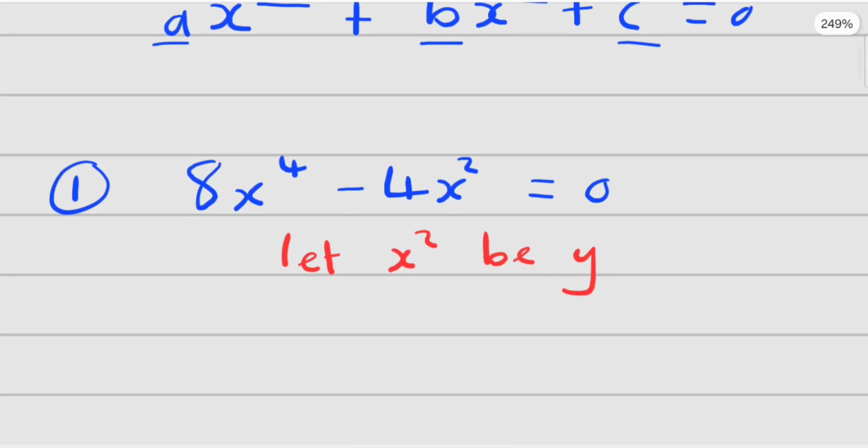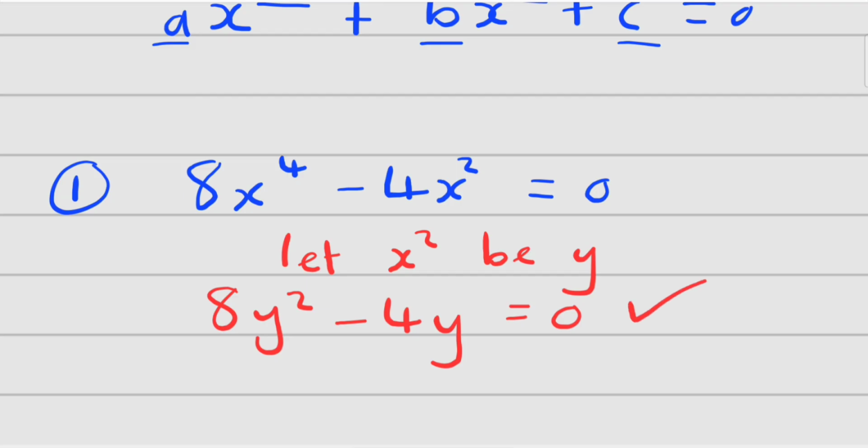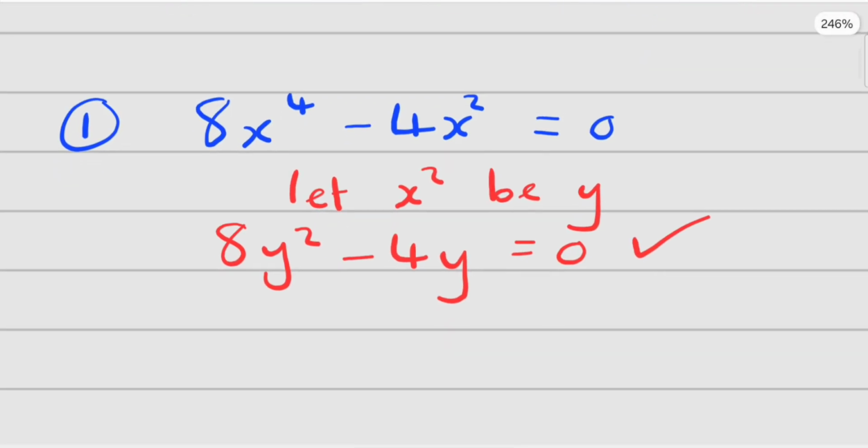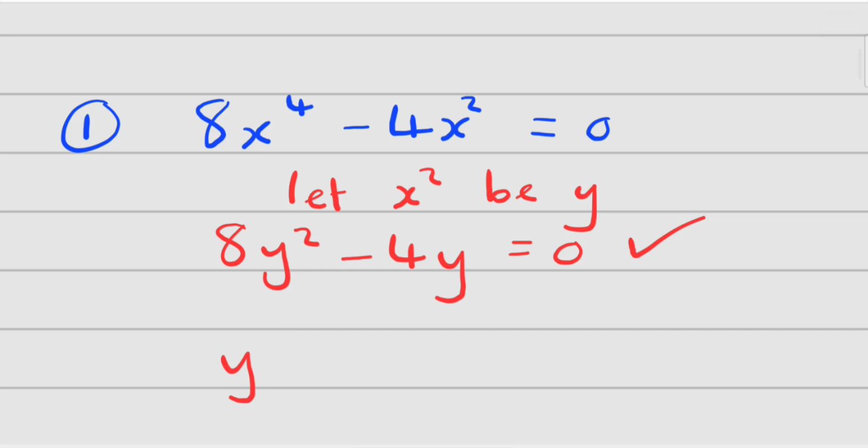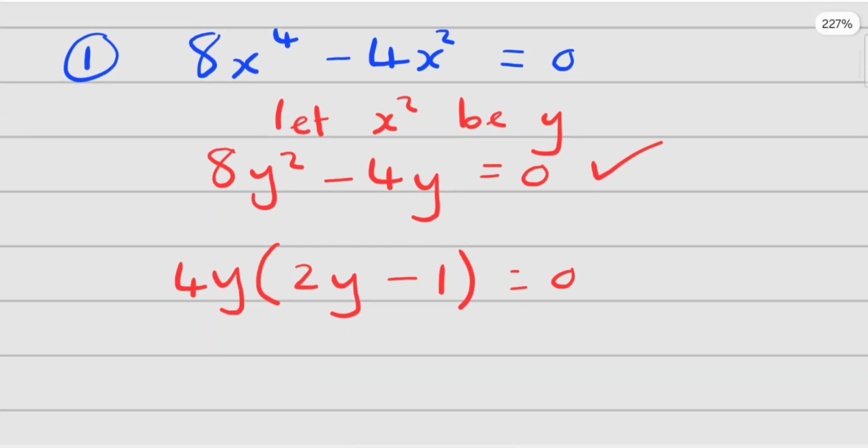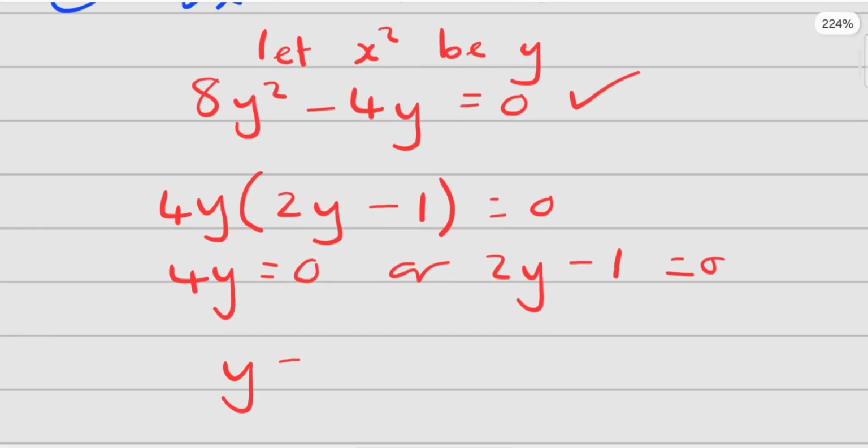And by saying this will become 8y squared minus 4y equals 0, right? And I know that most of you are familiar with this. And now with this, we're just factoring out our 4y. Then we get our 2y minus 1 is equal to 0, right? So 4y equals 0, or 2y minus 1 is equal to 0. Get our y equals 0, or y equals a half, like that, right?